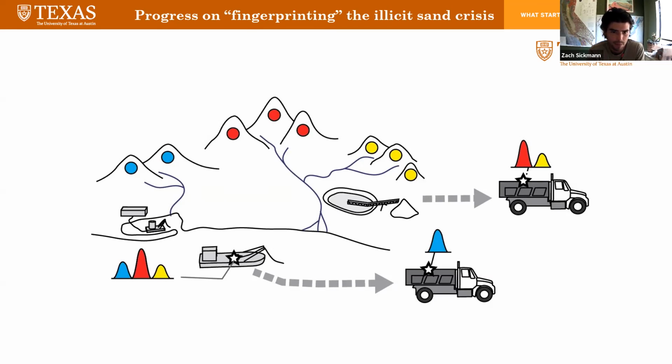As I'll outline in a minute, one of the big questions in sand mining is that demand is really high these days. Anytime you have high demand, you have an incentive to produce the most economically cheap and easy supply to meet that demand, and oftentimes that incentivizes illegal activity.